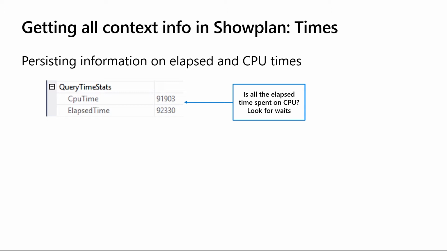So with this information, we can already do a couple things. One, we can look for waits, which we'll see about in a few minutes, and see if we have CPU-related waits. And also, we can look at the query plan and see if we have operators that typically drive more CPU usage. We'll also see about those later. And try to refactor the query or tweak the query in order to relieve this CPU time.